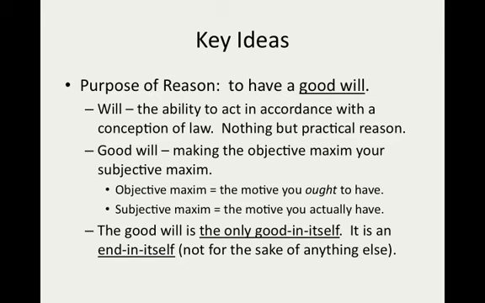Notice me, I'm attracted to another person that I'm not married to, or I want to dig into an extra hot fudge sundae. Kant would call those things pursuing happiness. Aristotle would say, well, it's pursuing pleasure, but it may not have anything to do with my ultimate happiness. So we have to understand when Kant says that reason is not for the sake of happiness, that it can get in the way of happiness.